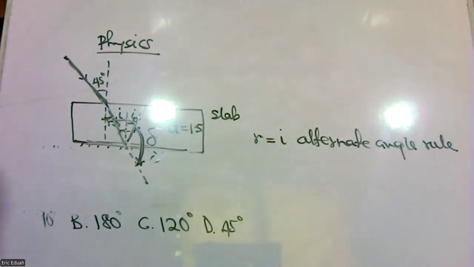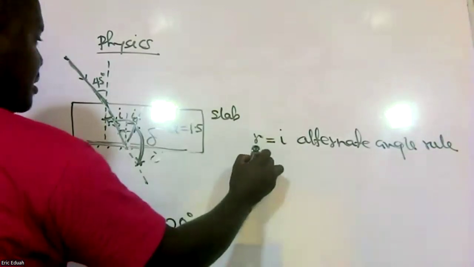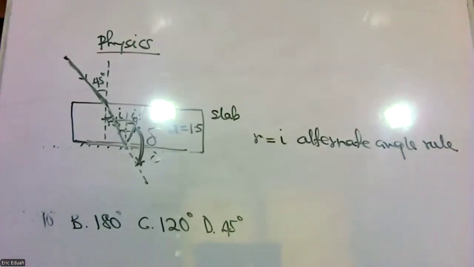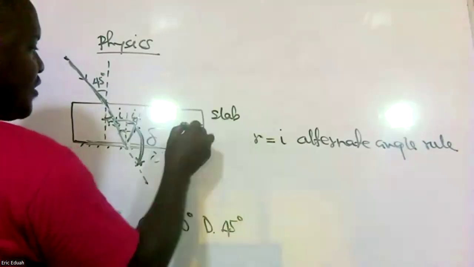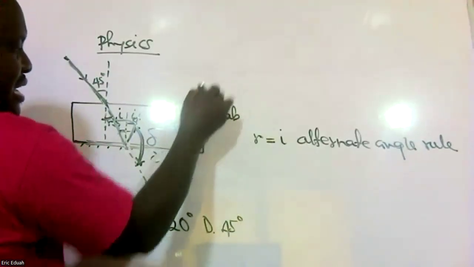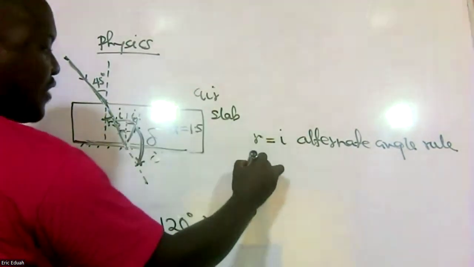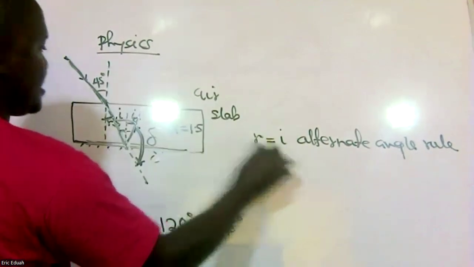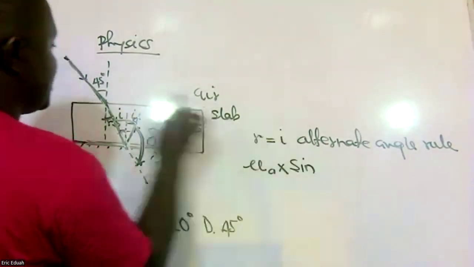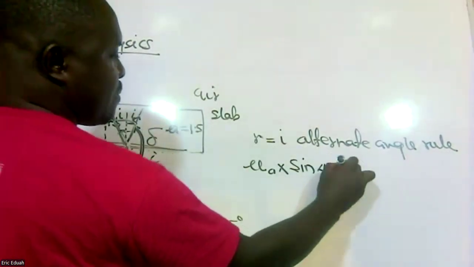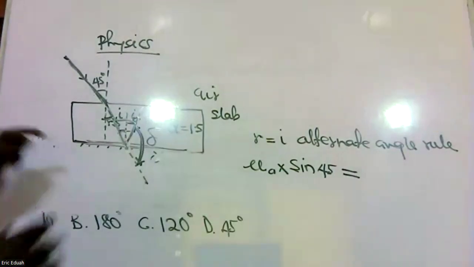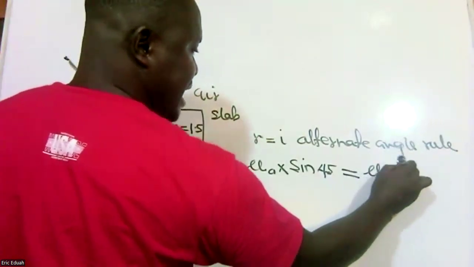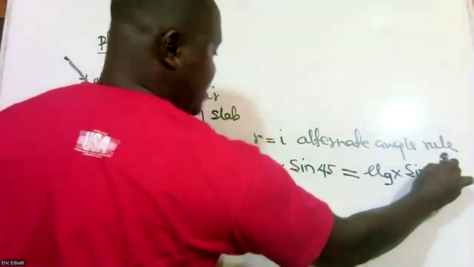Okay, so we use Snell's law. Instead of using Snell's law, let's use the product of the refractive index. This is air, glass. So the refractive index of the first medium, air, times the sine of the angle of incidence, 45, must be equal to the refractive index of the second medium, which is glass, times the sine of the angle of refraction.